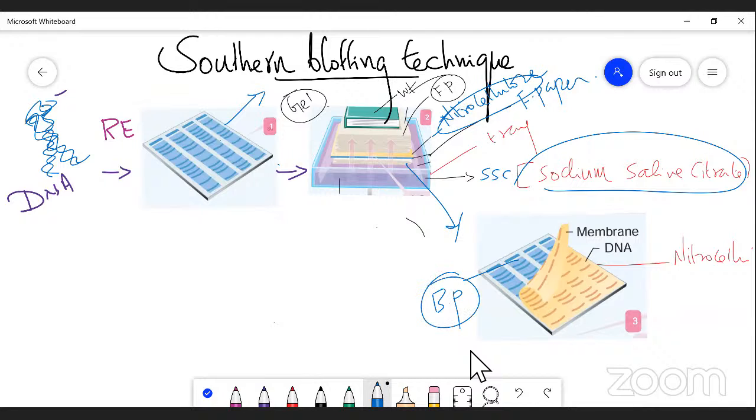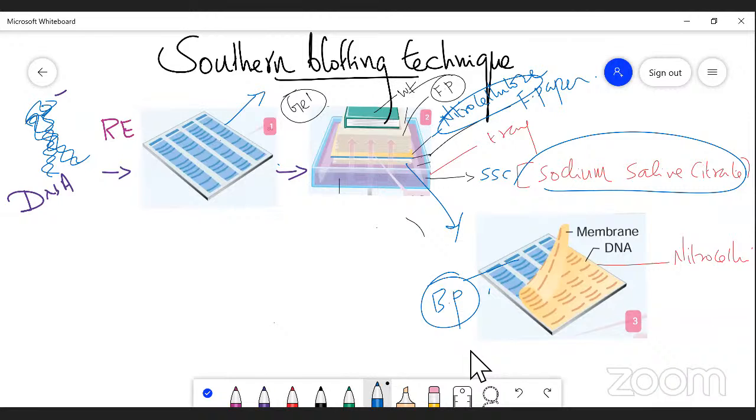So when the buffer solution moves from the tray into the tissue paper, and from the tissue paper into the gel, the buffer solution finally reaches the nitrocellulose membrane. As a result, the bottom surface of the membrane is fixed with some amount of DNA.